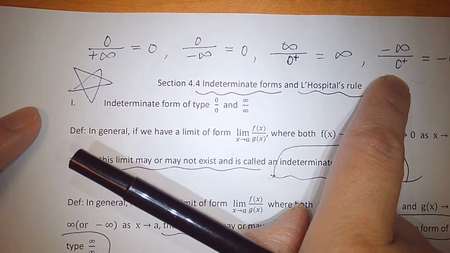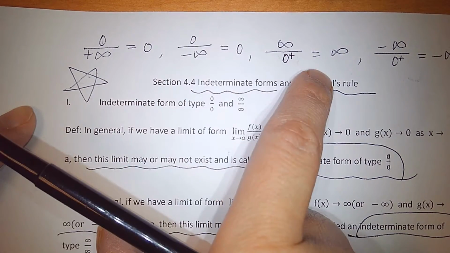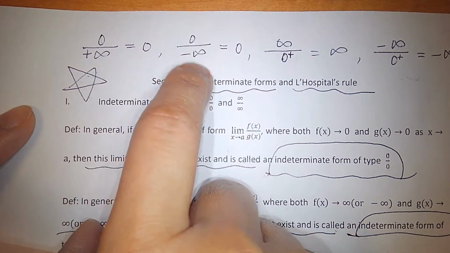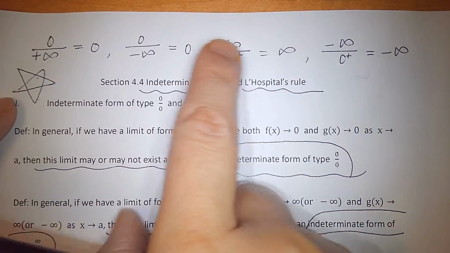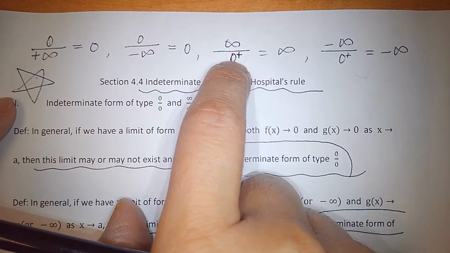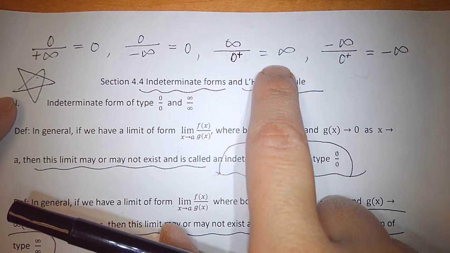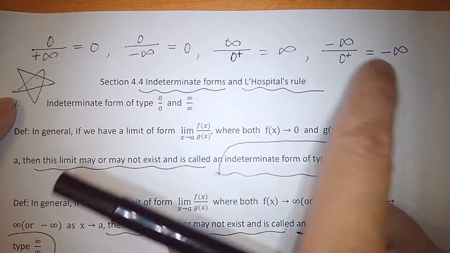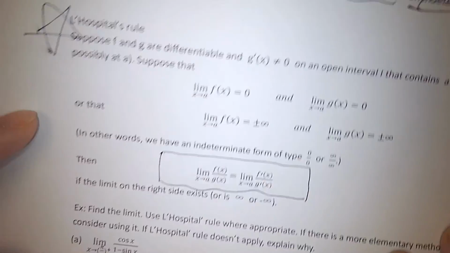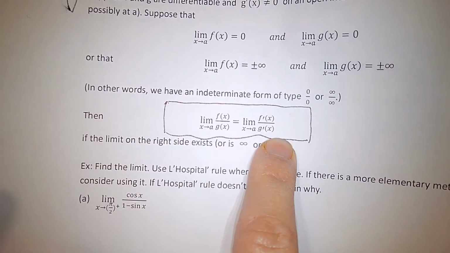No. When we encounter this type of limit, we already know the results: 0 divided by any infinity equals 0. Infinity divided by 0 depends on whether the given 0 is positive or negative, and whether the given infinity is positive or negative. We can get either infinity or negative infinity and so on. Only when we encounter this type or that type are we able to use L'Hospital's rule.